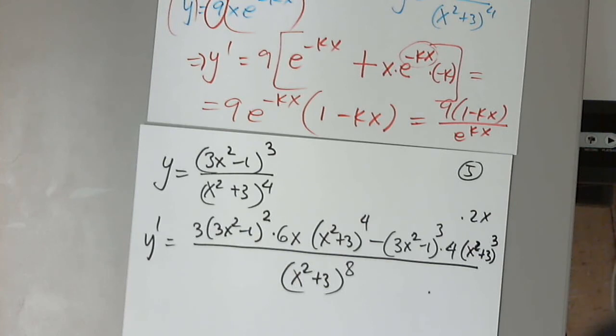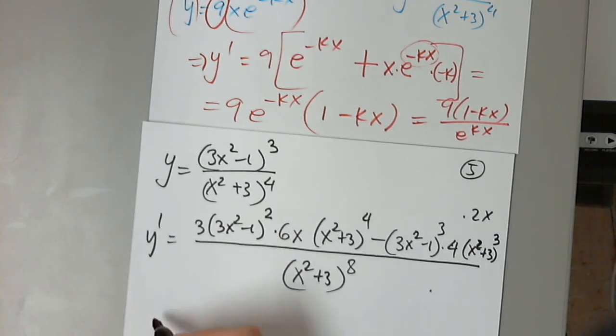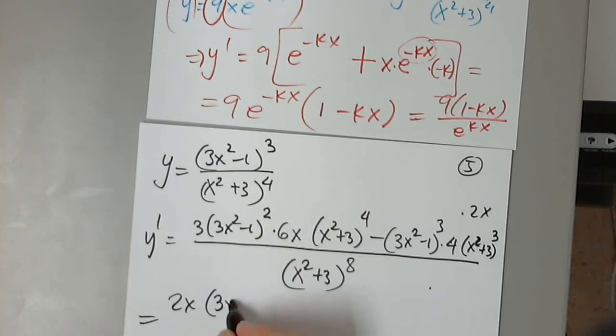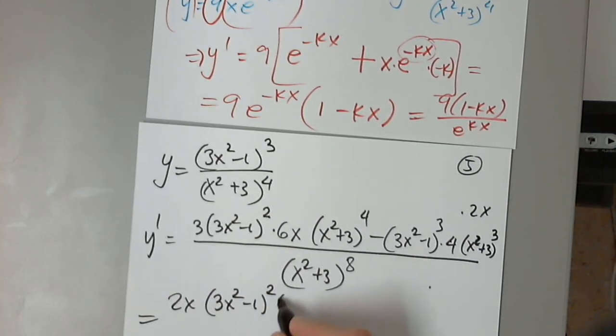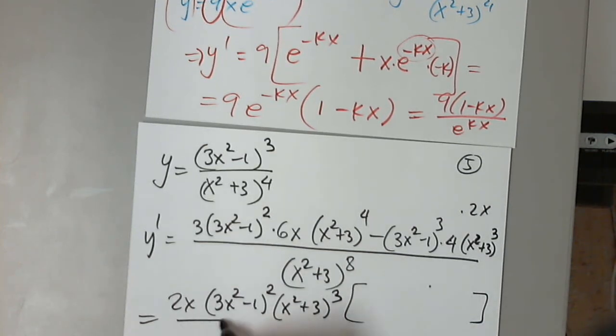I have an 18x, and I have an 8x. So a 2x as well. Out, out, out. So 2x, 3x squared minus 1 squared, x squared plus 3 to the third, out, out, out.